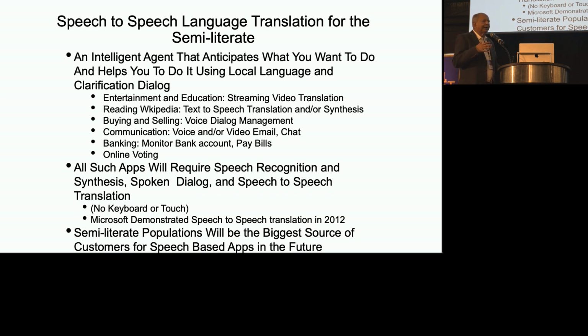Today, we now have technology where you can translate from any language to any language. The only problem is, most of the speech-to-speech translation, which is what I'm talking about, is only working for about the top 10, 20 languages. There are about 100 languages which are spoken by 10 million people or more.